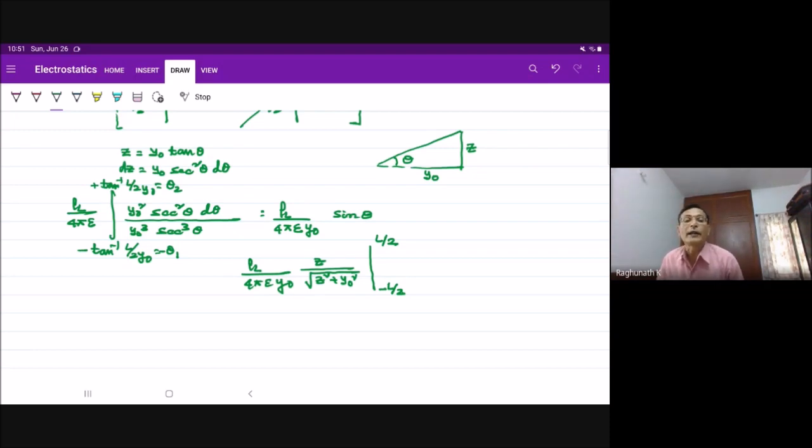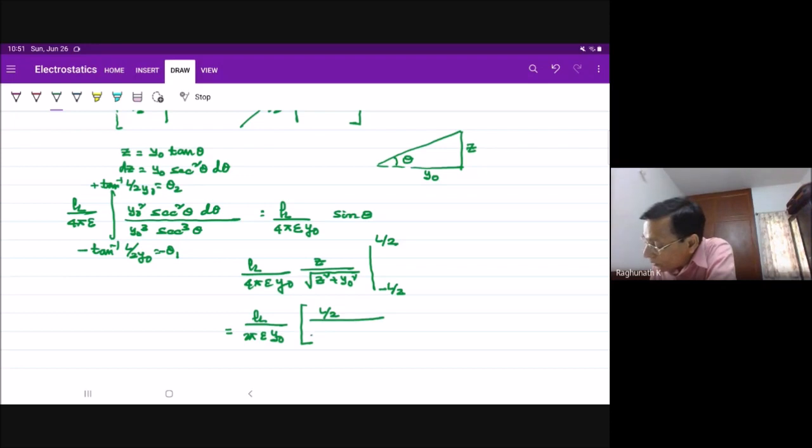If you don't understand it that way, it is equal to rho L by 2 pi epsilon y naught, right, into L by 2 divided by root of L squared by 4 plus y naught squared.